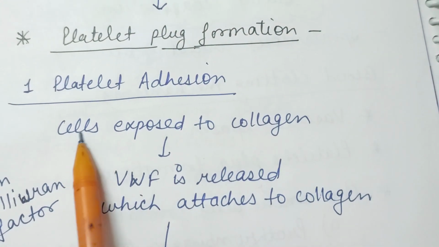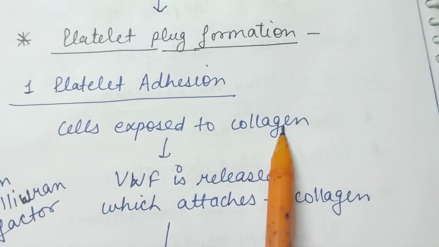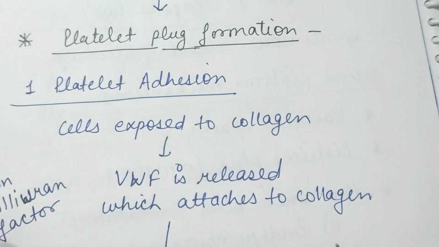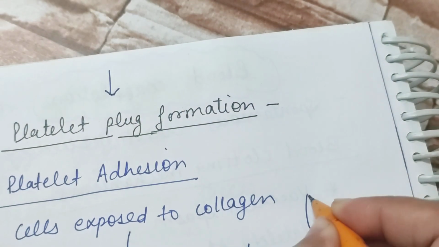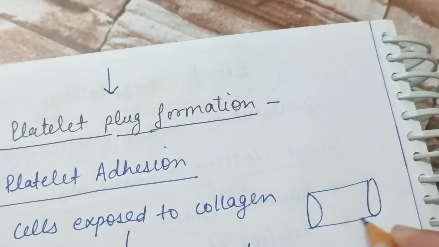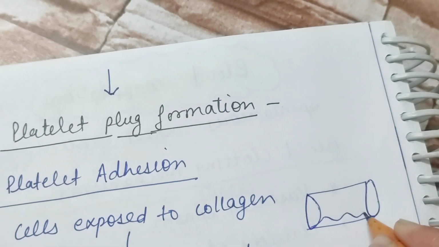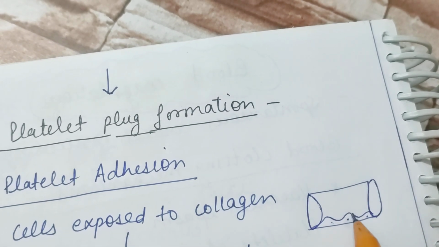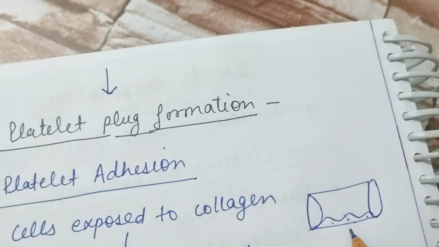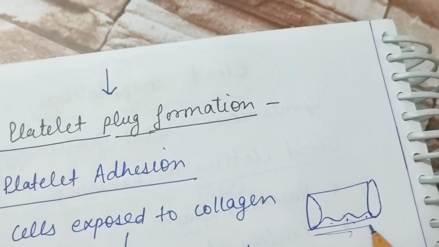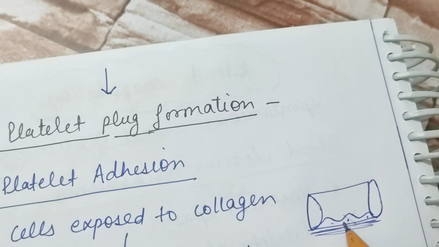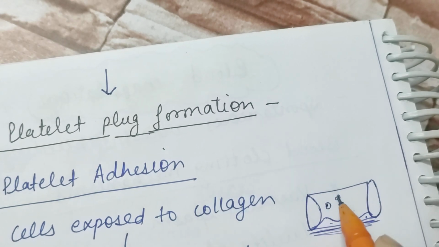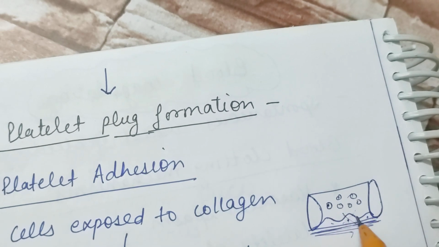Whenever the endothelial cells are damaged, they are exposed to collagen. Here we are talking about a vessel, which has an endothelial lining here, right? When this endothelial damage occurs, whenever there is injury, below this endothelial layer there is collagen tissue. So if this is damaged, the platelet cells moving here are exposed to this collagen.